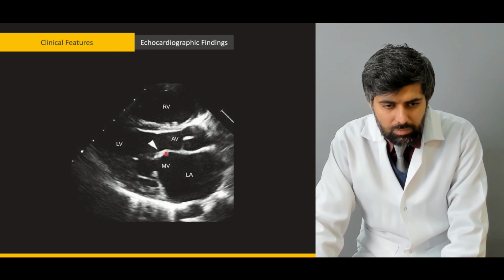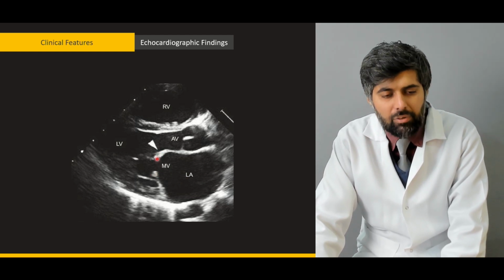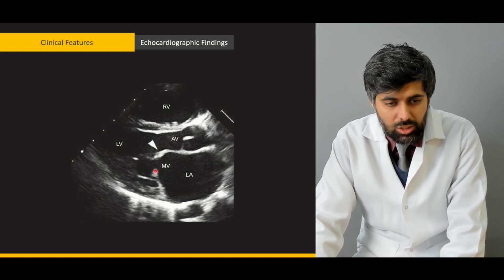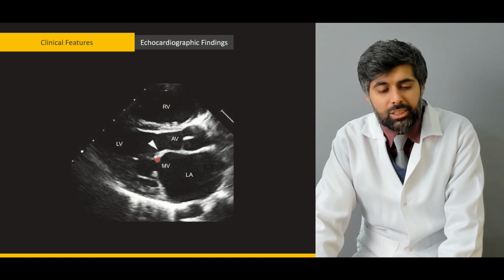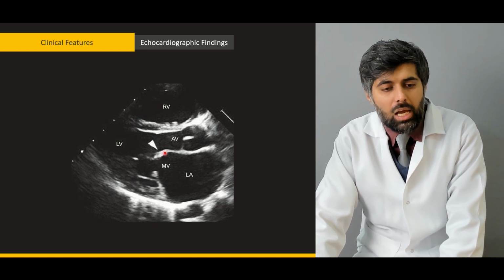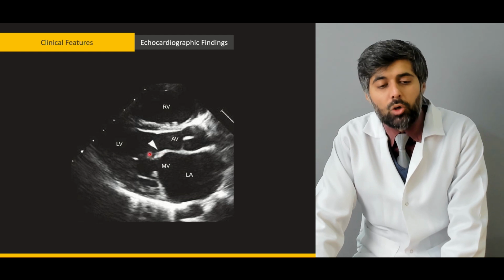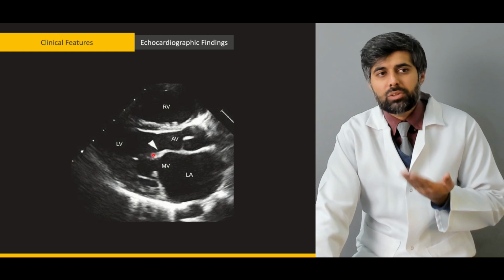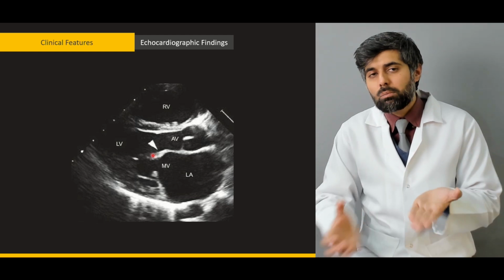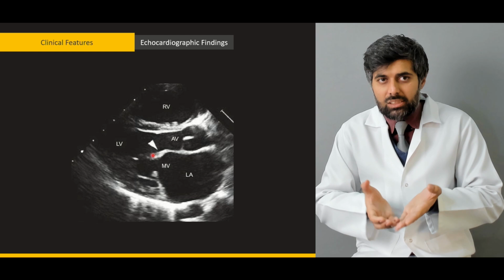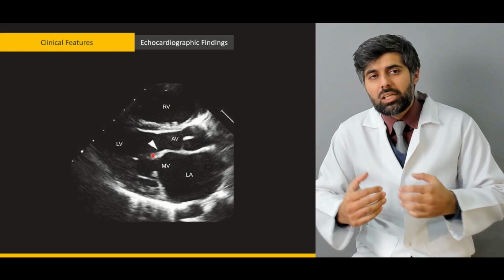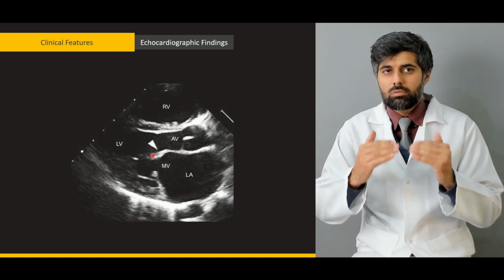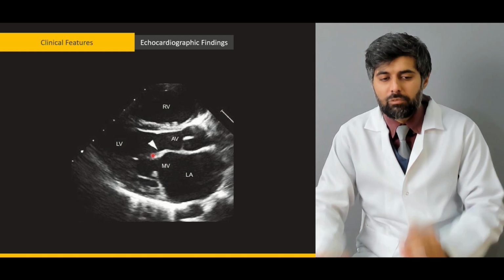And you can see that this mitral valve has undergone damage. These are not continuous, it is not blocking the pathway, and it is showing what is called an elbow sign, which is that it has turned over, that there is no proper closure of the bicuspid leaflets of the mitral valve.